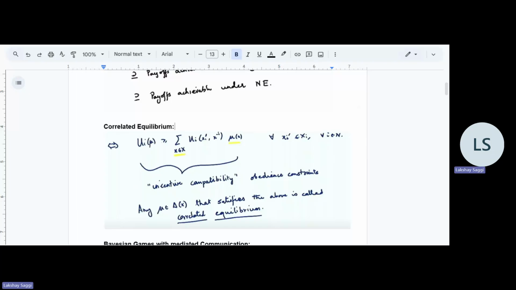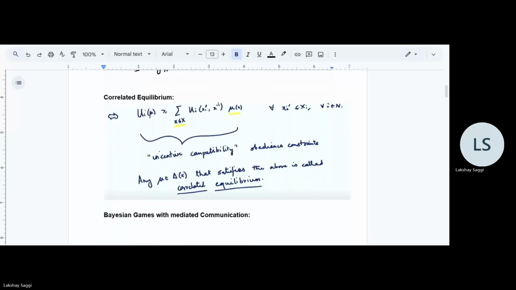Every player has the incentive to follow the mediator. So any suggested strategy of the mediator that satisfies this is called correlated equilibrium. I guess the definition is pretty much clear.